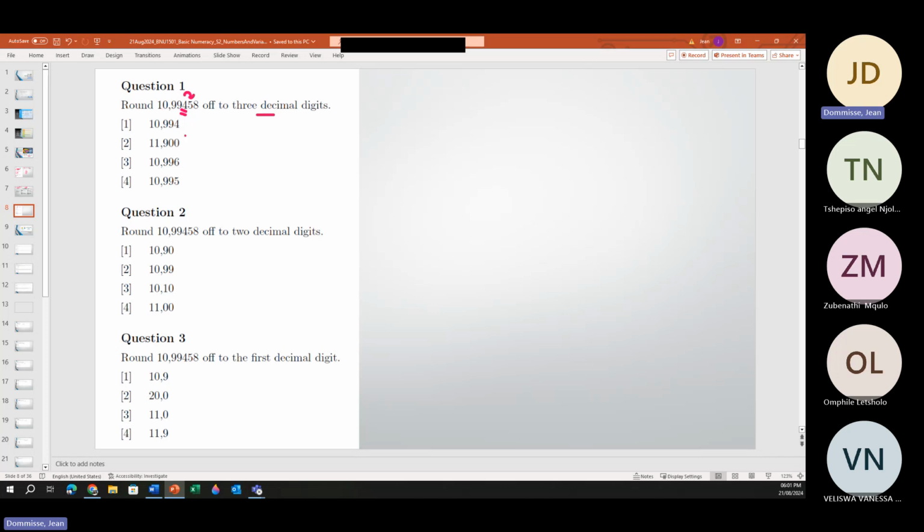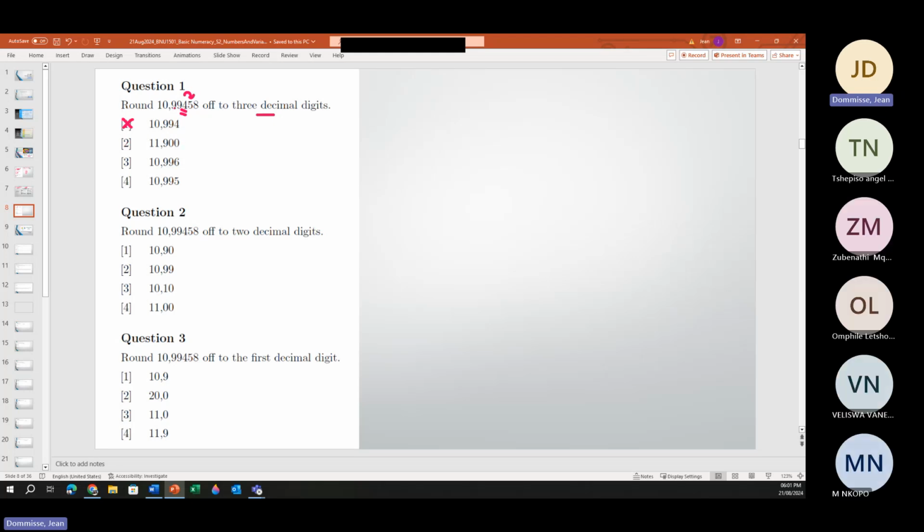So let's look at the options. We need to get 10,995. 10,994 is not that. That would have happened if that number was 4 or below. 11,900 is just totally wrong. 10,996, interesting, that is one of the options.